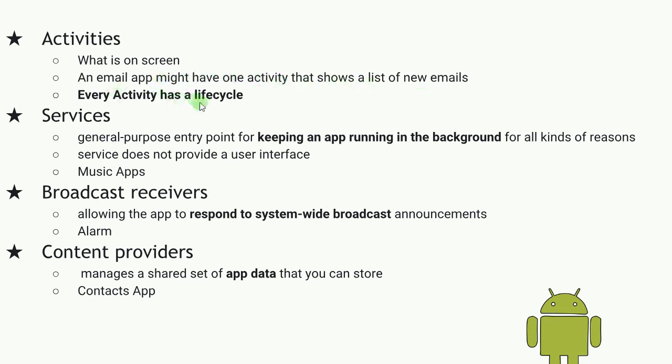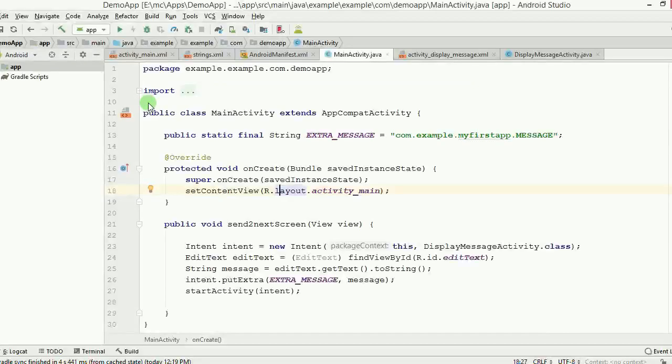Every activity has a life cycle, which is something we will be discussing at length when it comes to activities later on in core concepts. For the time being, you must know that every activity has a life cycle. I briefly touched upon it when I was talking about the onCreate method. The onCreate method is part of the activity life cycle, which is there in any activity.